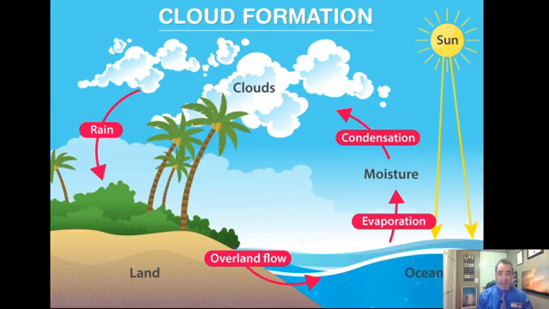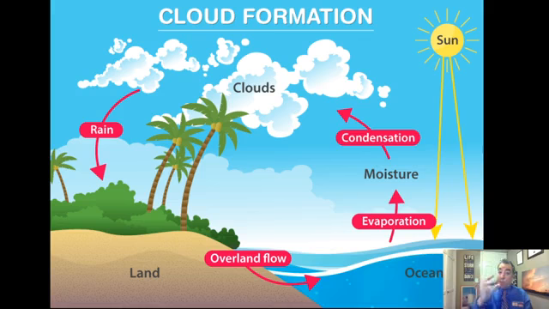So, how clouds form. It's actually a basic principle that has to do with the water cycle. Some of you may have learned about the water cycle in school. You've got the sun that's out there all the time. It heats up things like the ocean, and you get evaporation. The little water particles evaporate and go up into the air.